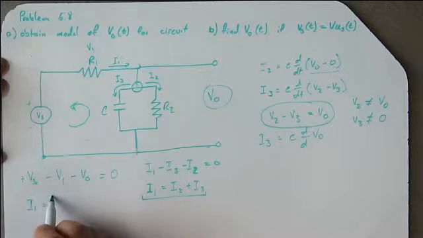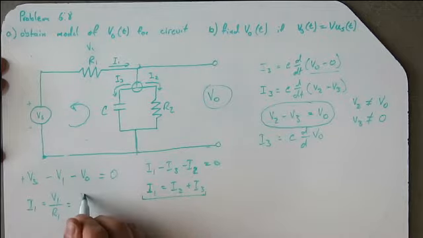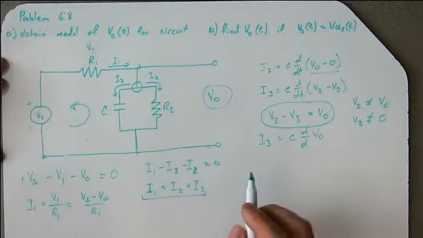So I1 equals V1 over R1. And from this equation we have that V1 equals Vs minus V out. So Vs minus V out over R1. So that's I1.